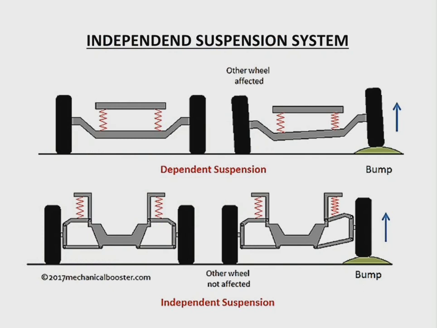In the independent system, when one wheel climbs the bump, the other wheel is not affected. That is the main difference between the dependent and independent systems.